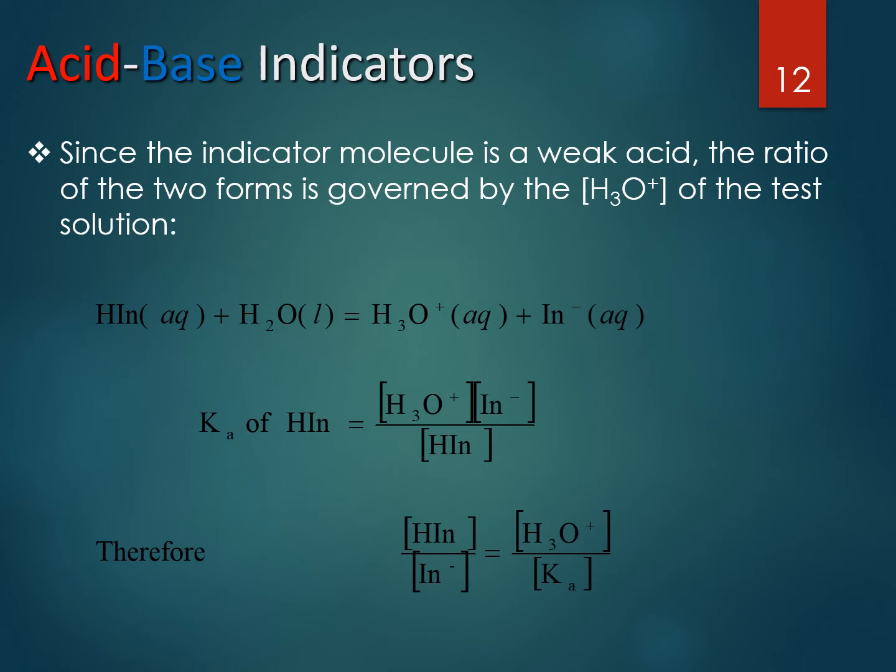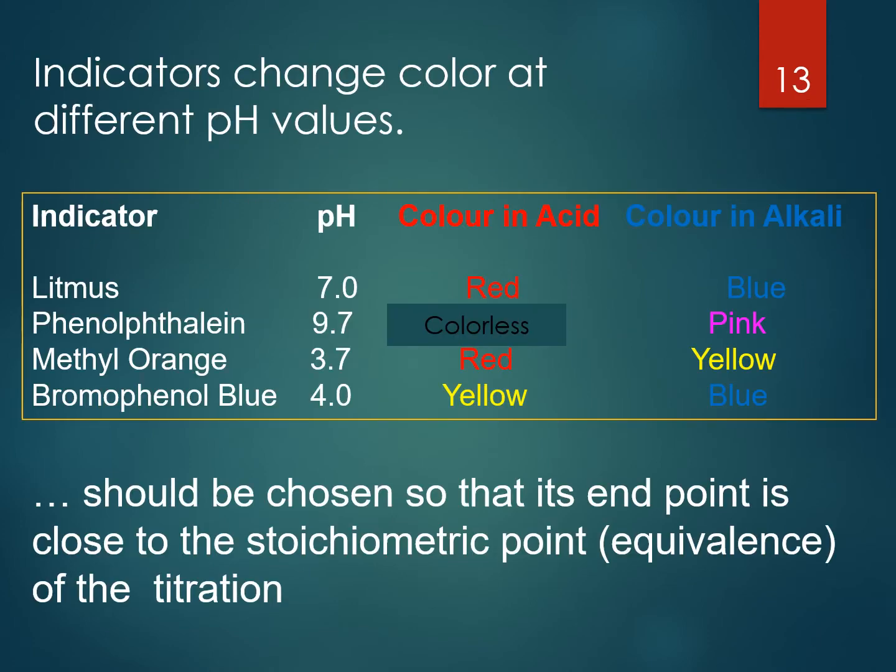This is the relationship between the weak acid and its conjugate base, and the ratio of the two forms depends on the hydronium concentration. Indicators change color at different pH values.